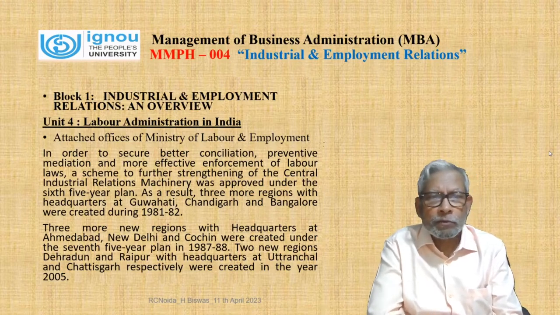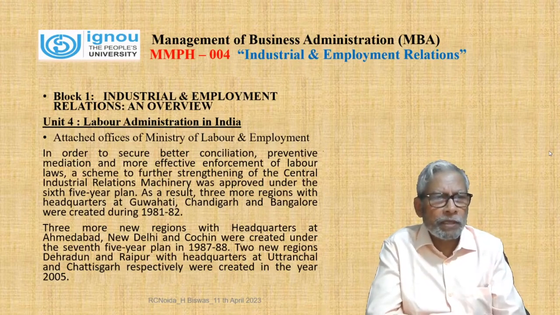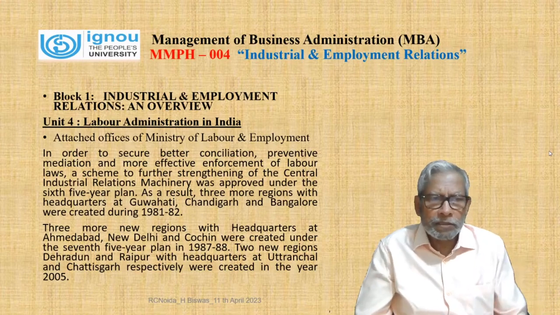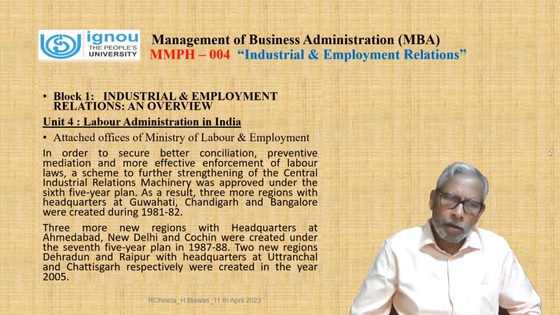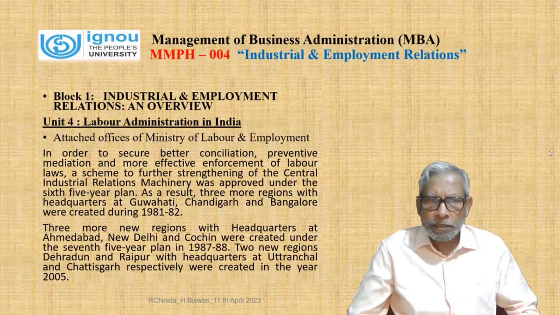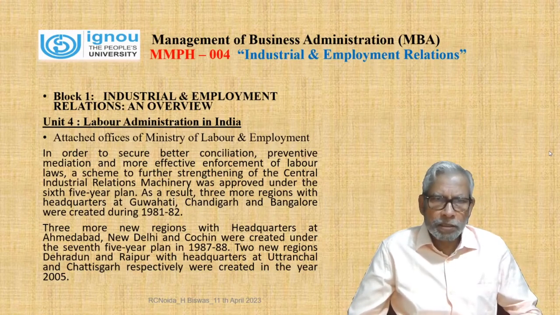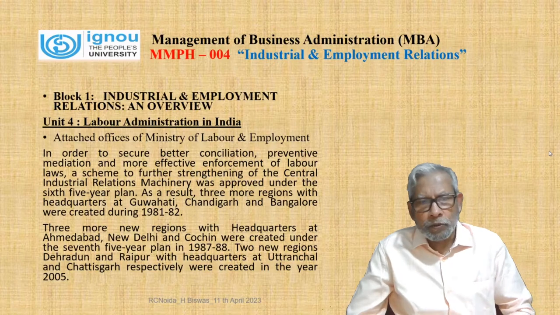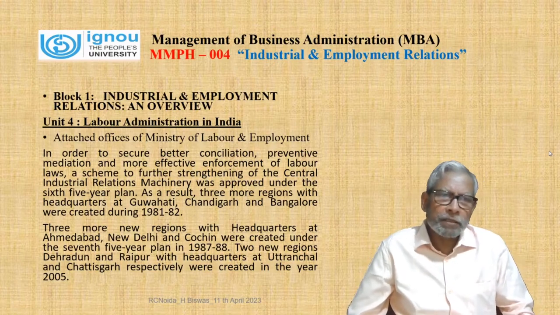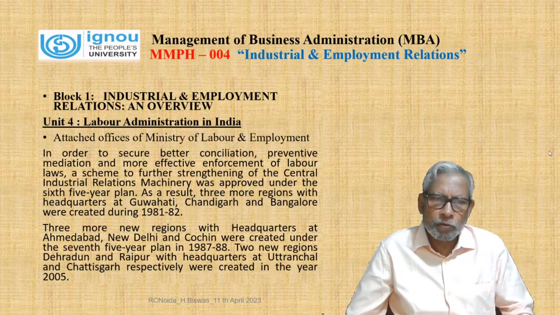So what are we getting from here? First, in 1981 to 82, it was created in the sixth plan. After that, in 1987 to 88, at planning time, another three were included.